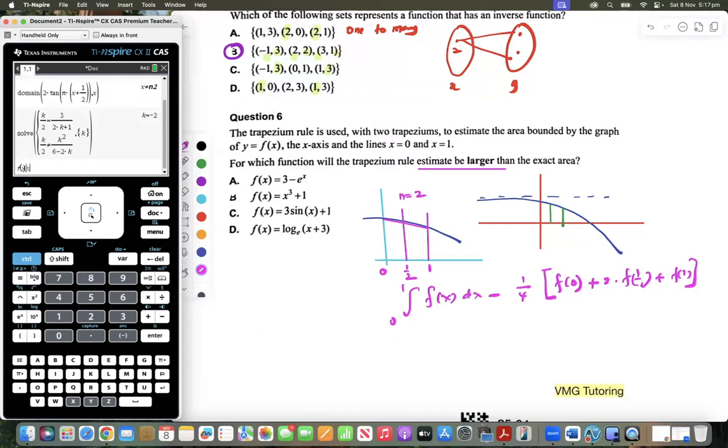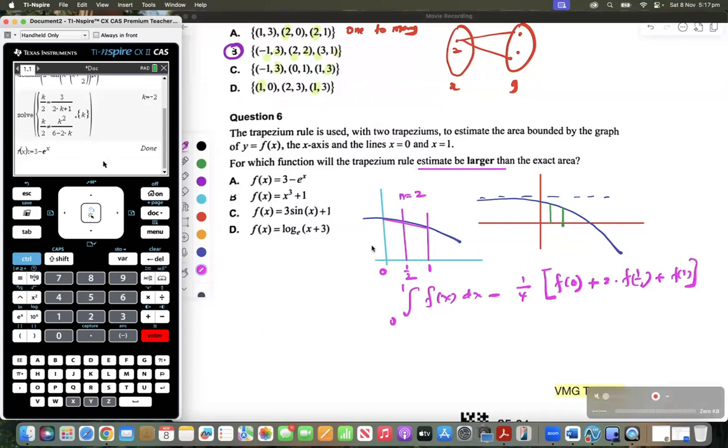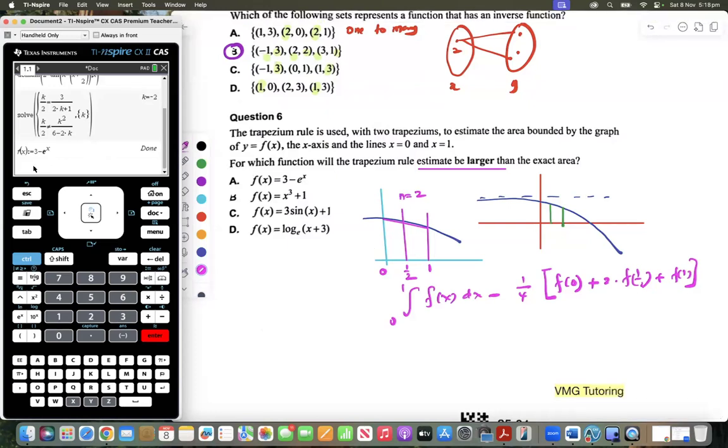f(x) is equal to, I get the first one, which is 3 minus e to the power of x. This is my f(x). And my trapezium, my integral answer comes from here. It goes from 0 to 1 of f(x) dx.